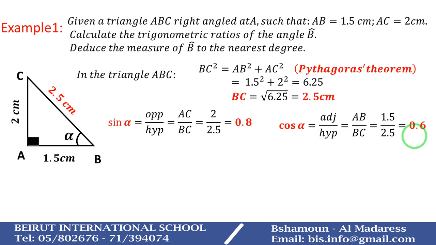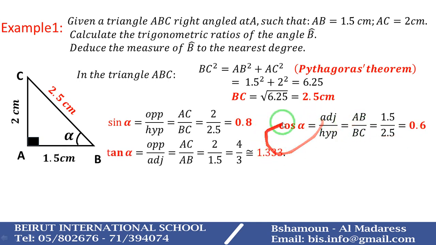Now we are going to calculate tangent alpha. Tangent alpha is the length of the opposite side over the length of the adjacent side to alpha. It will be AC over AB, and it will give 1.333 approximately.